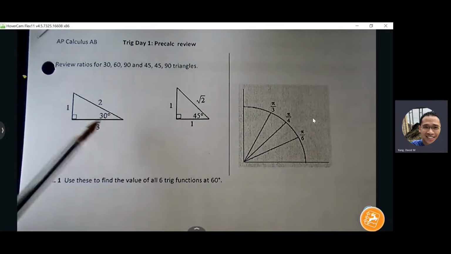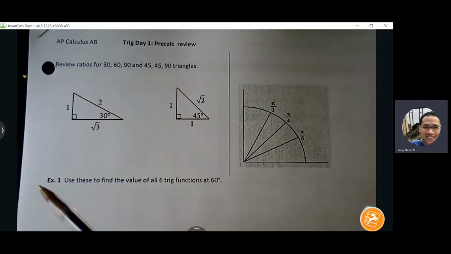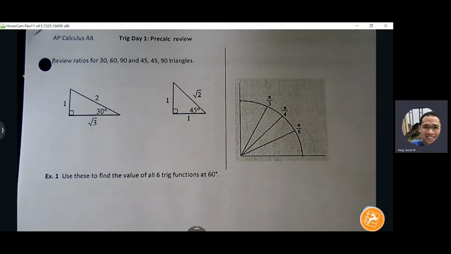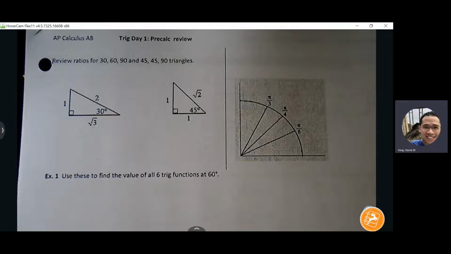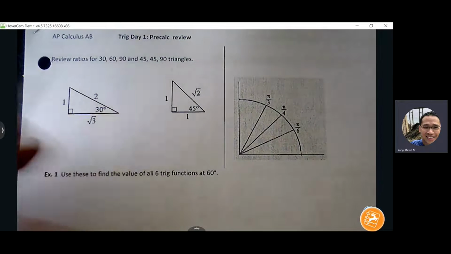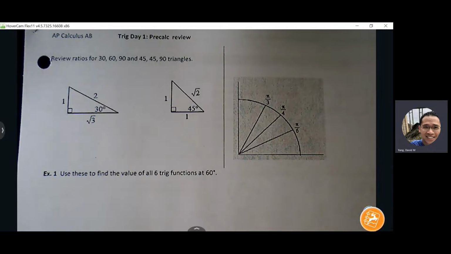All of the unit circle values are based off of these special right triangles, either 30, 60, 90 or 45, 45, 90 triangles, and the ratios are all built off of these values. I'm going to first review the first quadrant of the unit circle.